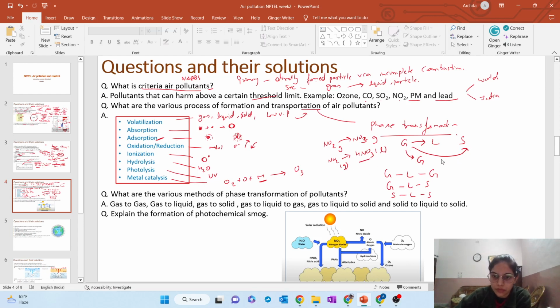Gas to solid means that a gas condenses or reacts with a particle and forms a different particle. An example of this is that there are a lot of VOCs in the atmosphere.